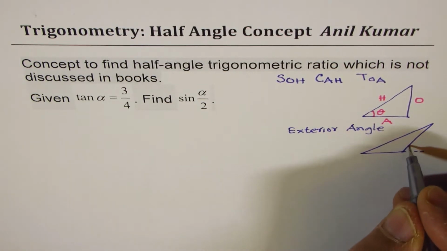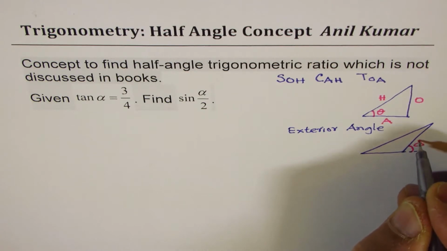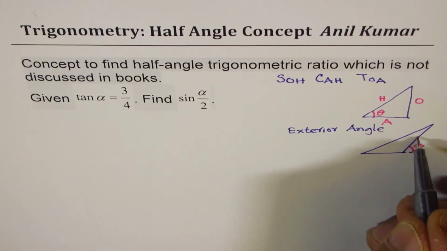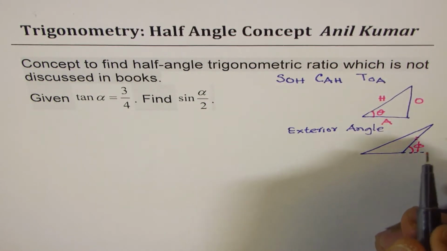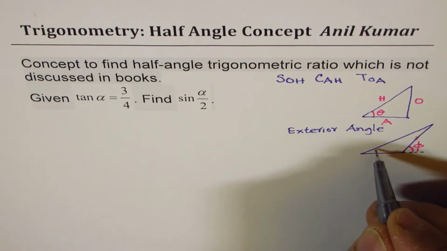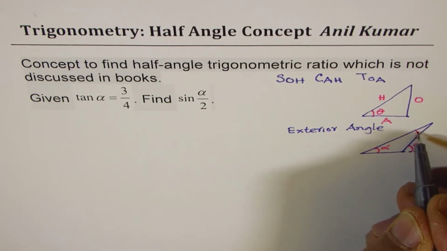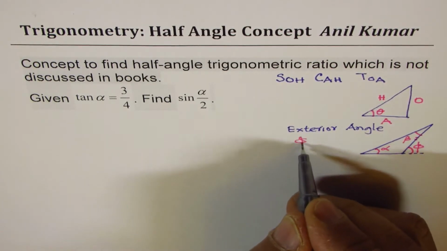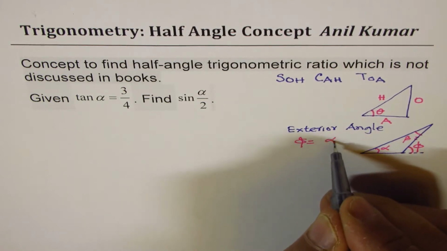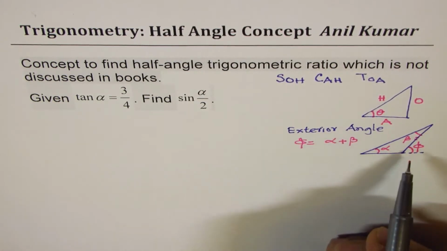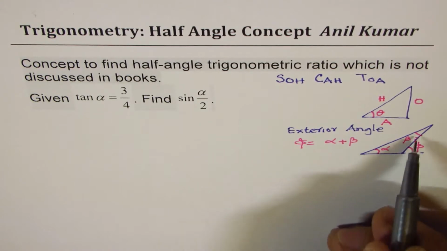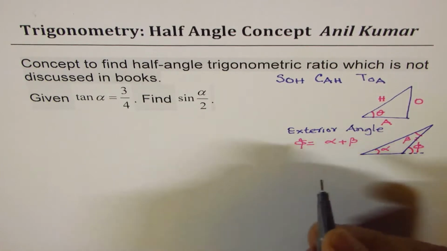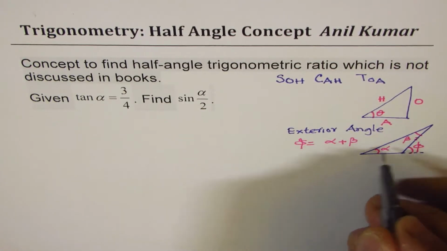If this angle is, let us say, angle phi, I'm purposely using Greek letters, and if this angle is alpha and this angle is beta, in that case, phi is equal to alpha plus beta. So the exterior angle is the sum of two interior angles, correct? So we say that the exterior angle is the sum of two remote interior angles.